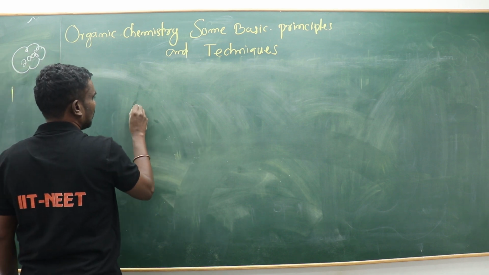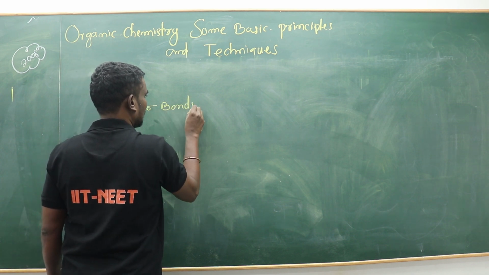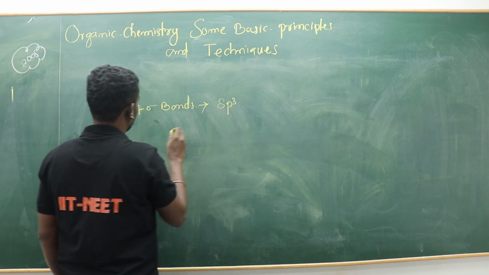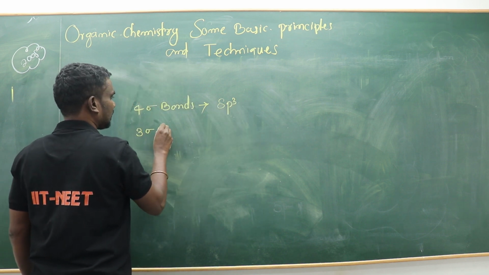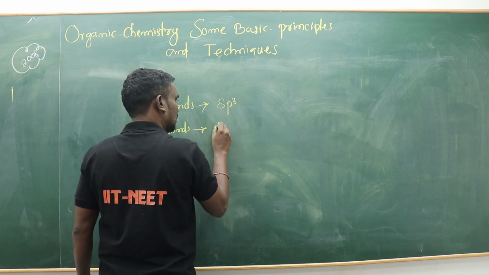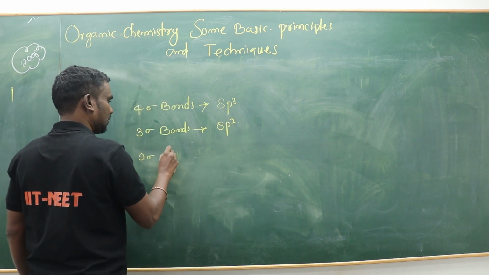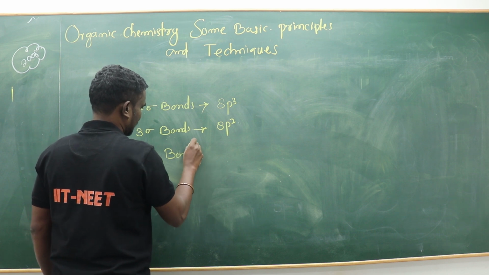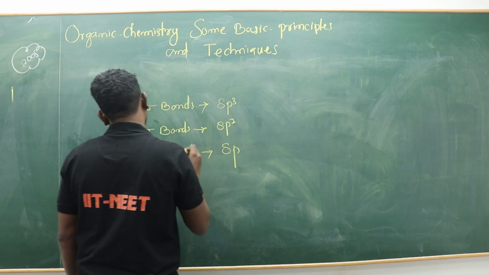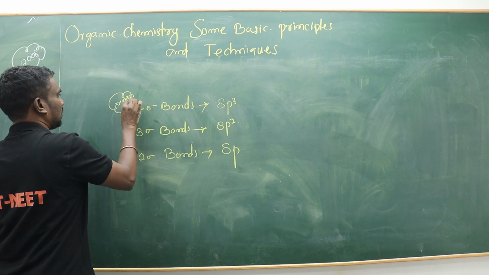See, take down, this is 4 sigma bonds. 4 sigma bonds means what? sp3. 3 sigma bonds, that means sp2. 2 sigma bonds, that means sp, right? So this is very important बेटा जी, ध्यान देना इस पे, right?